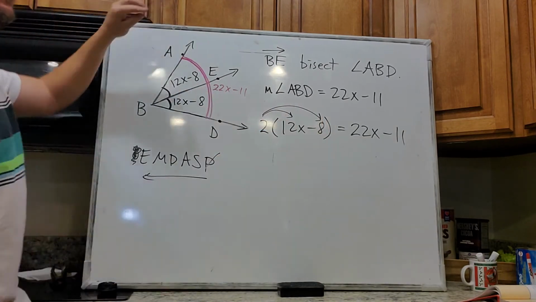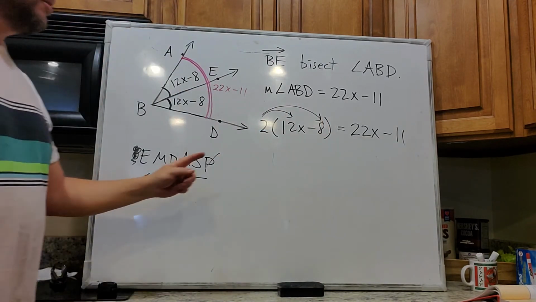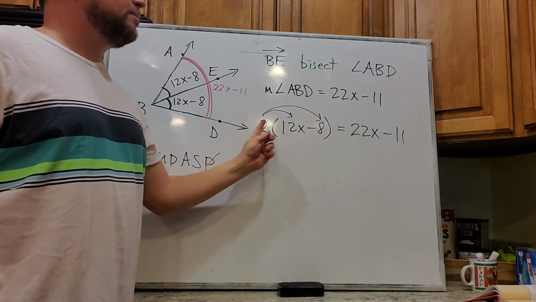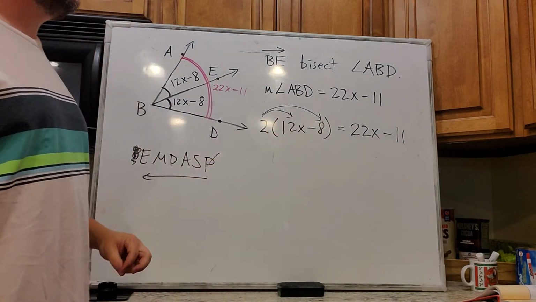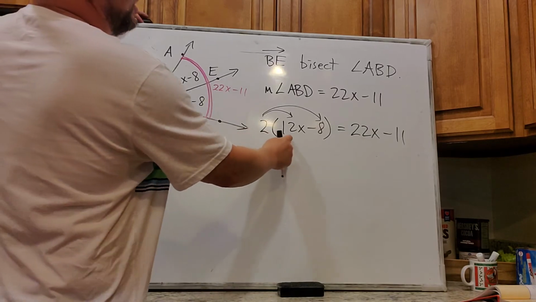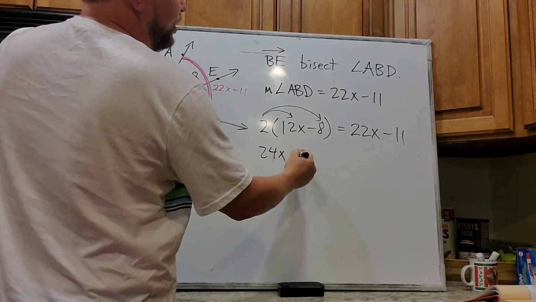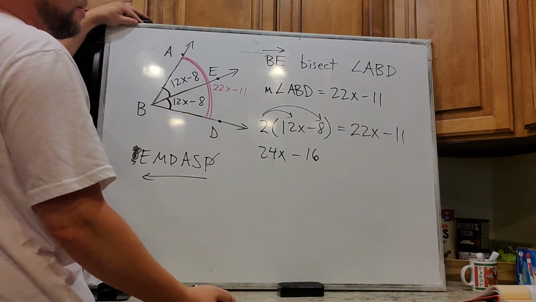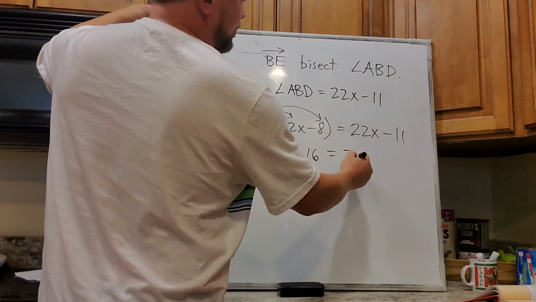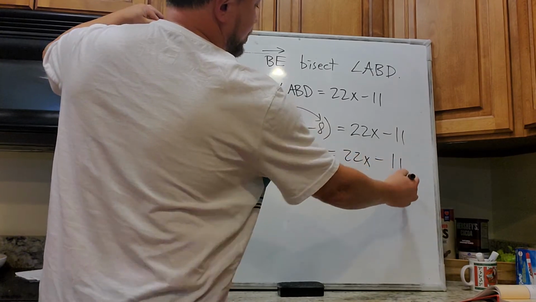You should have learned the distributive property back in algebra. Anything outside is multiplied times everything inside the parentheses. So 2 times 12x is 24x, 2 times a negative 8 would be negative 16, and that equals 22x minus 11.